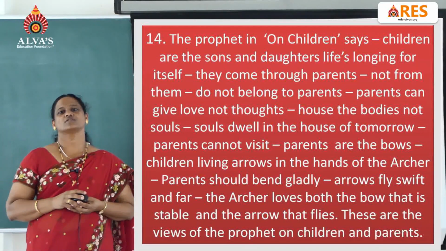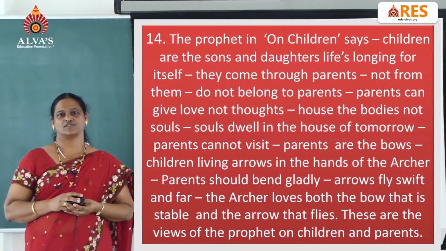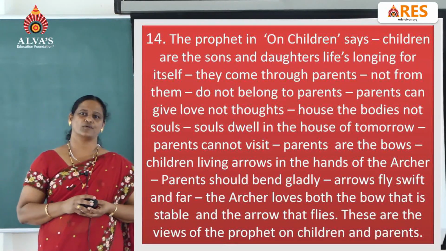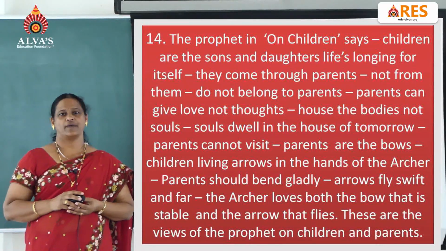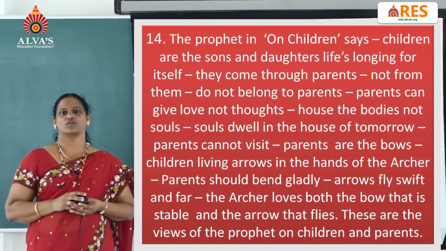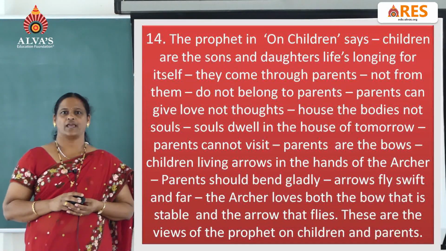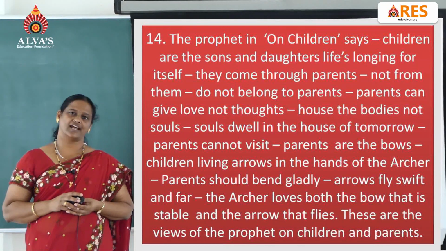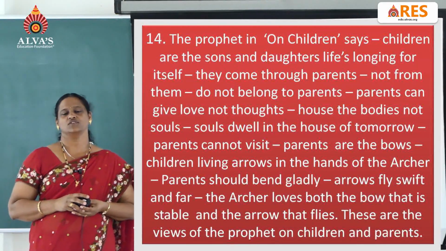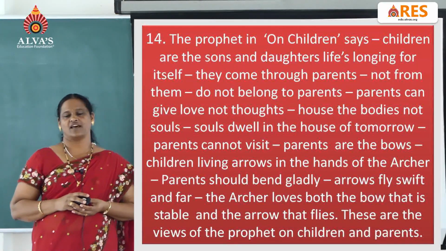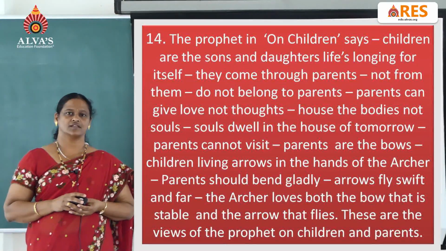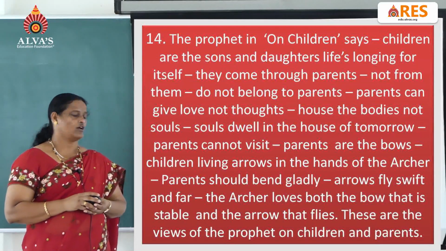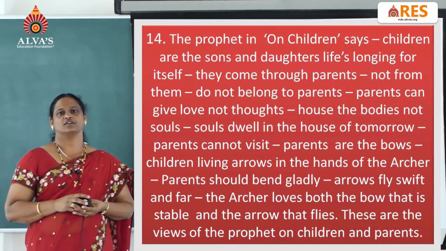They can only house the bodies of children but not their souls, because their souls dwell in the house of tomorrow which they cannot visit, not even in their dreams. And parents are the bows and children are the living arrows in the hands of the archer, and parents should bend gladly in the hands of the archer so that the arrows would fly swift and far. So these are the views of the prophet on children and parents in the poem On Children.